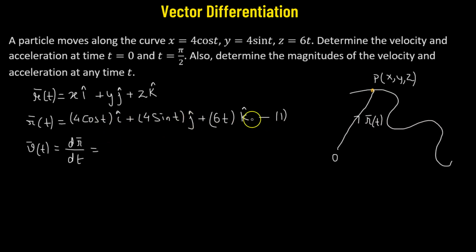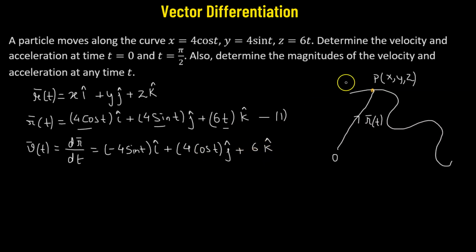Here i cap, j cap, k cap are constant unit vectors, and their derivative with respect to t is 0, so we only take the time derivative of their respective components. The derivative of 4 cosine t is negative 4 sine t i cap, plus the derivative of 4 sine t, which is 4 cosine t j cap, plus the derivative of 6t, which is 6 k cap. This is our velocity at any given moment of time, equation number 2.